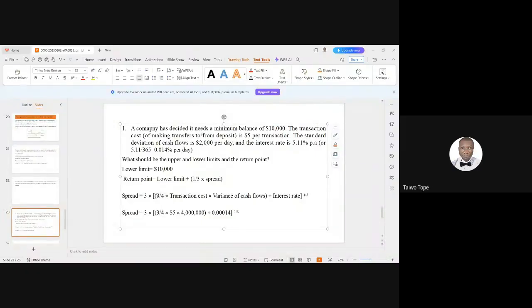So where the big drama will come now is how to press my calculator to get my final answer. I recall last time, we did a lot of drama in pressing the calculator. So I hope we'll quickly get it now. It's one thing to put your variables, it's one thing to know how to get it right.